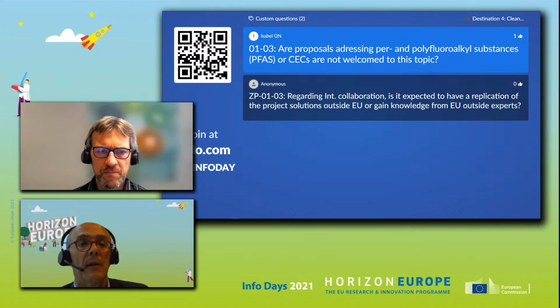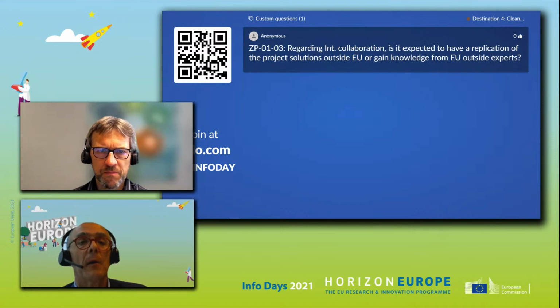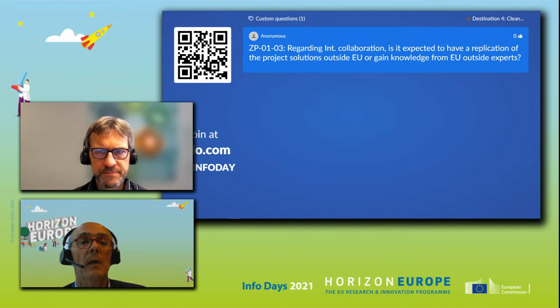And then I just realized that there is also an additional question on this. So regarding international collaboration, it is expected to have a replication of the project solutions outside EU or gain knowledge from EU outside experts.